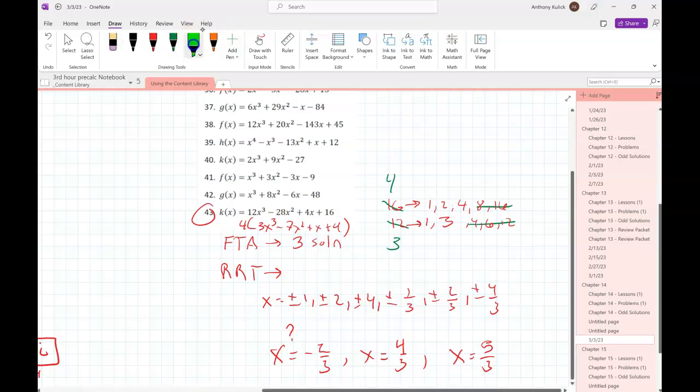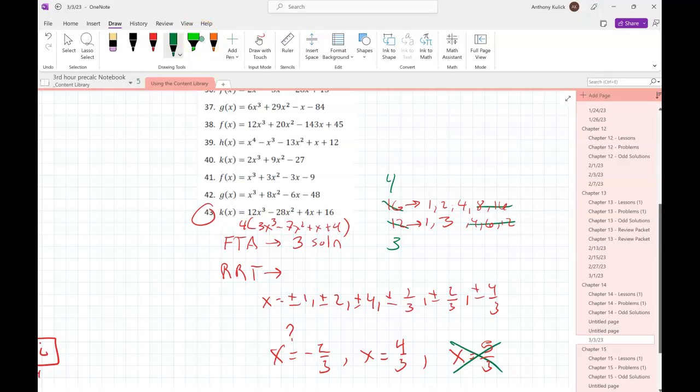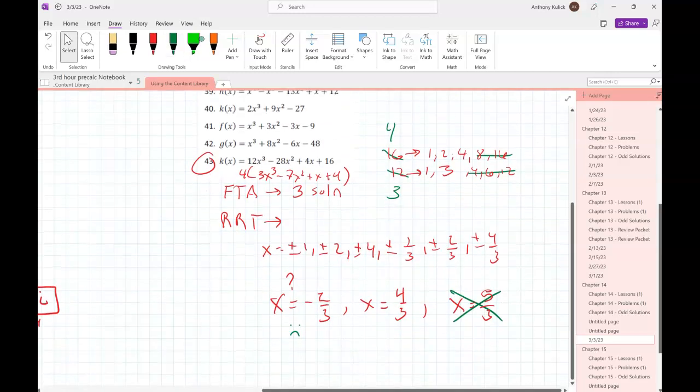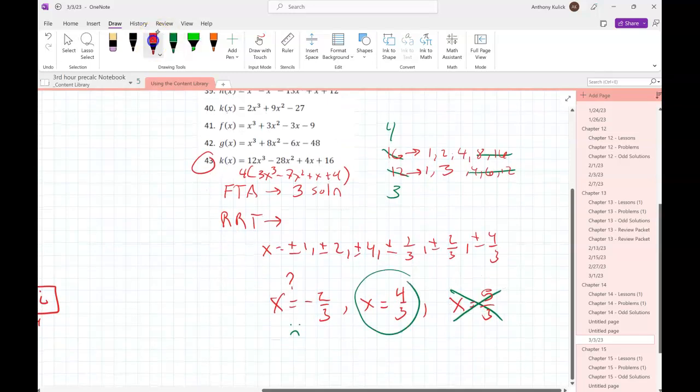No. So what that's going to tell me is that I don't want to use this one. Okay with that? And I probably don't want to use this one either because I didn't feel very good about it when I traced it through. That's going to be the one that I'm going to use.